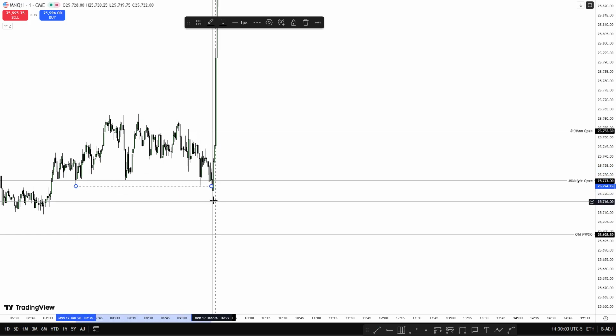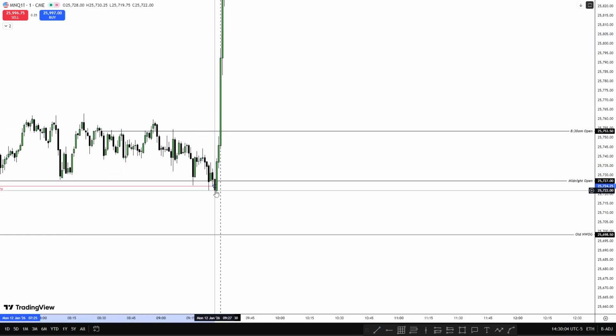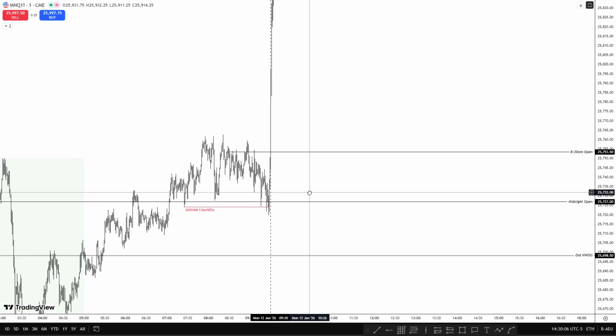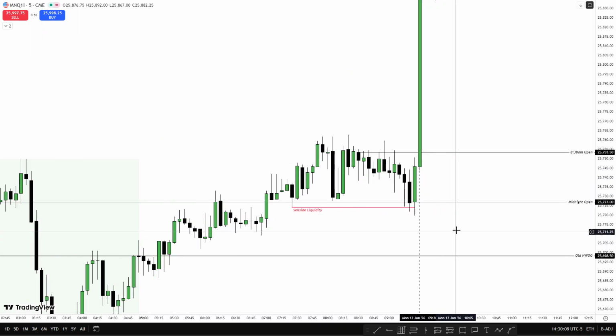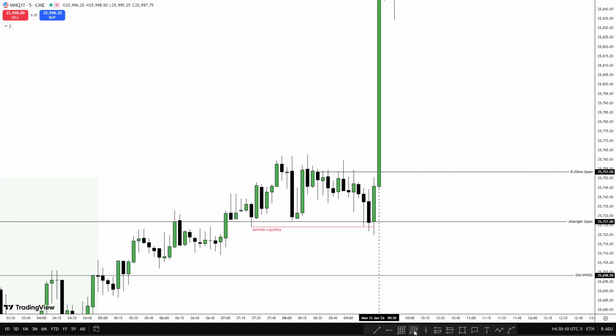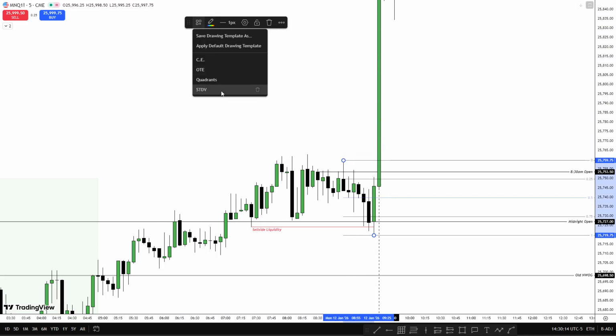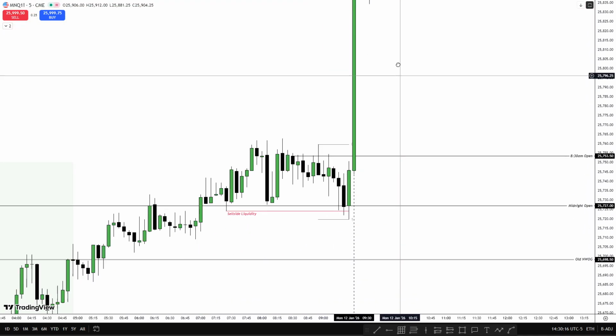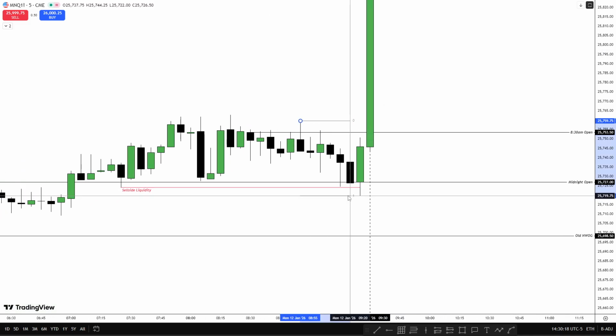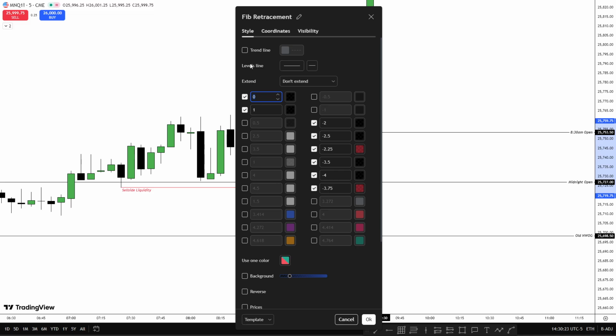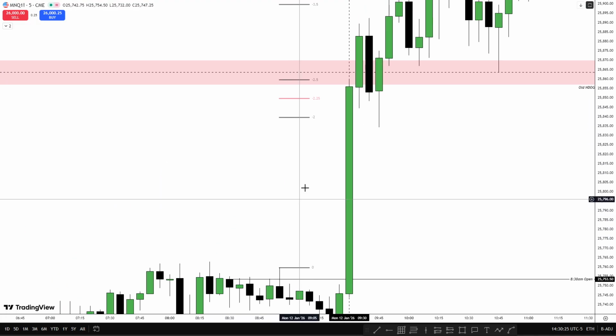So sell side liquidity being swept right before the 9:30 open. So what I did was measure my standard deviation projection from here to here. I've measured that. I will make it more visible like this.